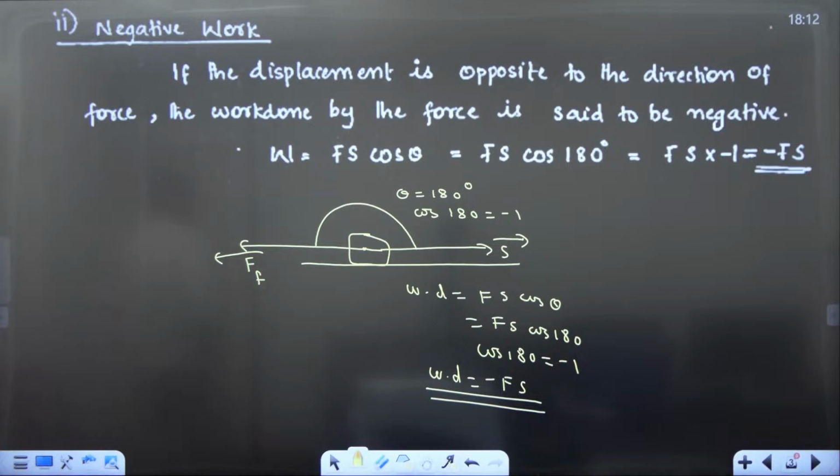When the force and displacement are in opposite directions, we call it negative work done. Note down negative work done.